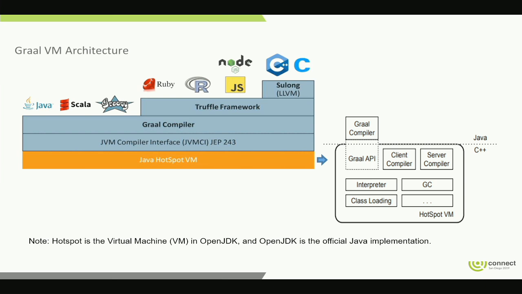We usually call them the C1 and C2 compilers. Graal is VM independent, which means it doesn't know anything about the HotSpot VM. It can only communicate with HotSpot through the JVM compiler interface, which was first released in JDK 9.